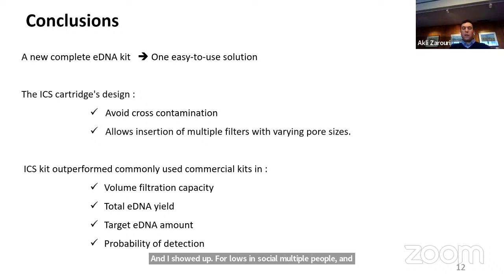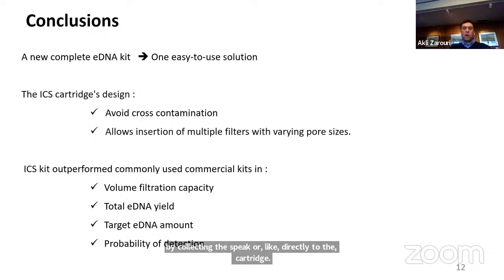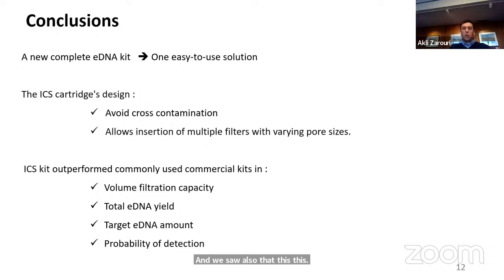We saw that this cartridge is designed to avoid any cross-contamination by connecting the spin column directly to the cartridge. And we saw also that this kit is more resilient towards the qPCR inhibitors.